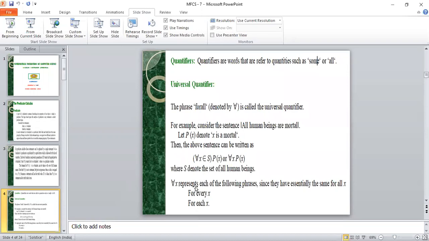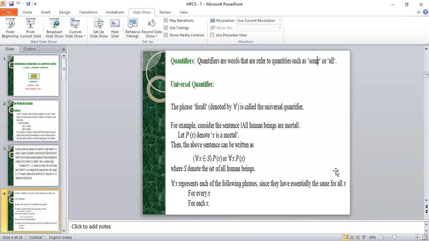For all x represents each of the following phrases, since they have essentially the same meaning. The words are: for every x, for each x. So simply, the universal quantifier refers to the whole object we are considering.